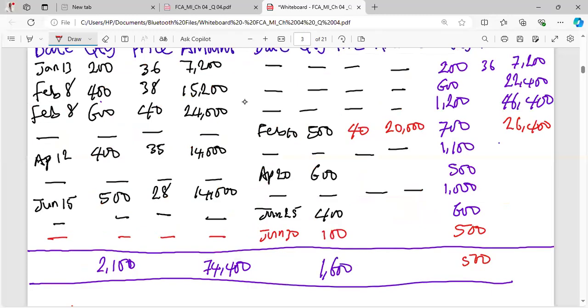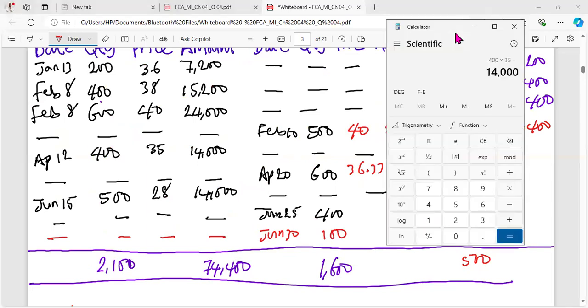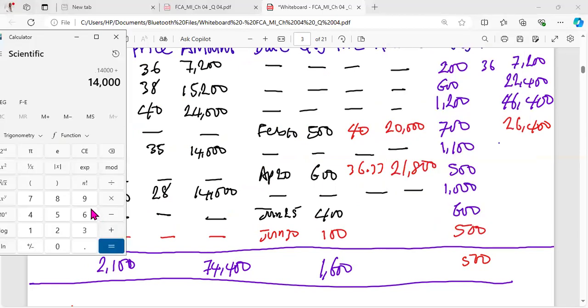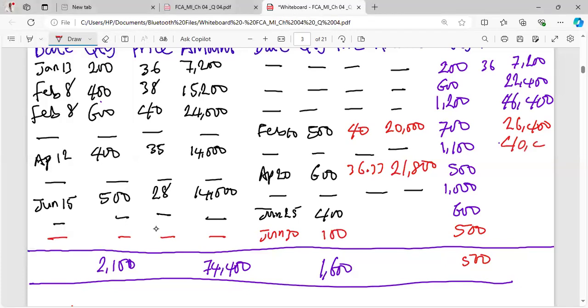So this is 21,800, 36.33. Okay, sorry, I always miss this. When we had 26,400, let's add 40,000 to 26,400. That will give us 40,400. So here is 40,400.